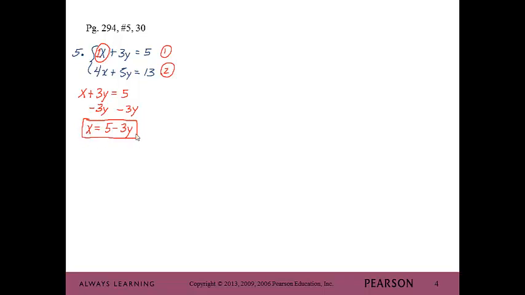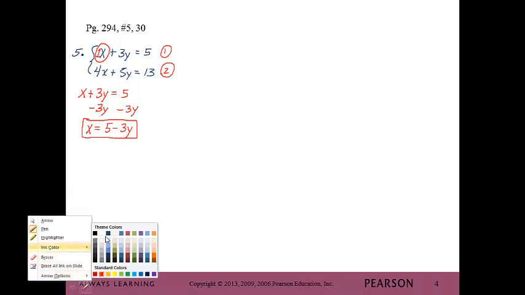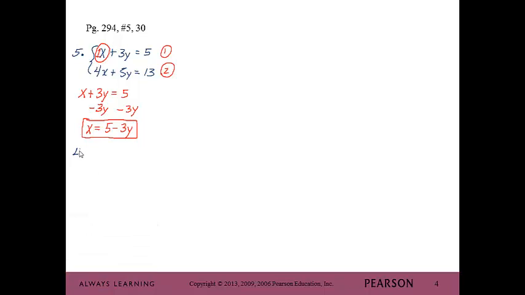Now we're going to take this result, x equals 5 minus 3y, and plug it into the second equation. So everywhere we see an x, we're going to put in 5 minus 3y. So this is going to become 4 times (5 minus 3y) plus 5y equals 13.